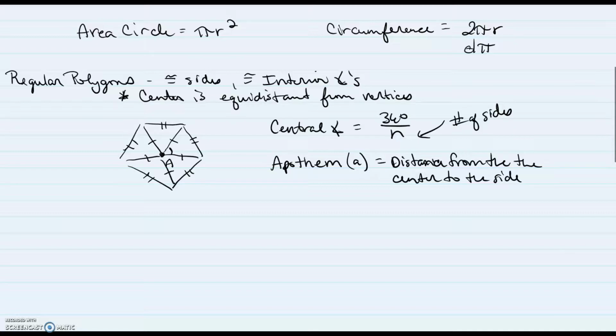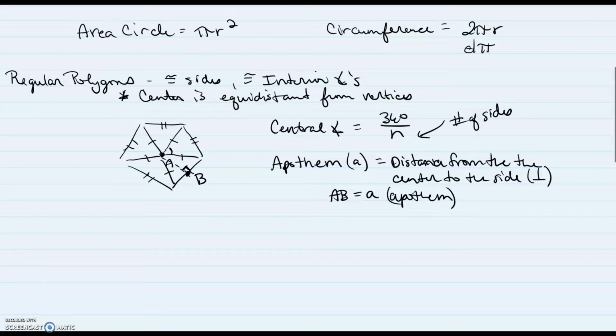And it always sits at a perpendicular, so if you want to write a little perpendicular symbol, that would be good. So in this picture, let's create a B. Draw a line from A to B, and notice you're creating a right triangle when you make your apothem. So that would make AB equal to a, which is the apothem.